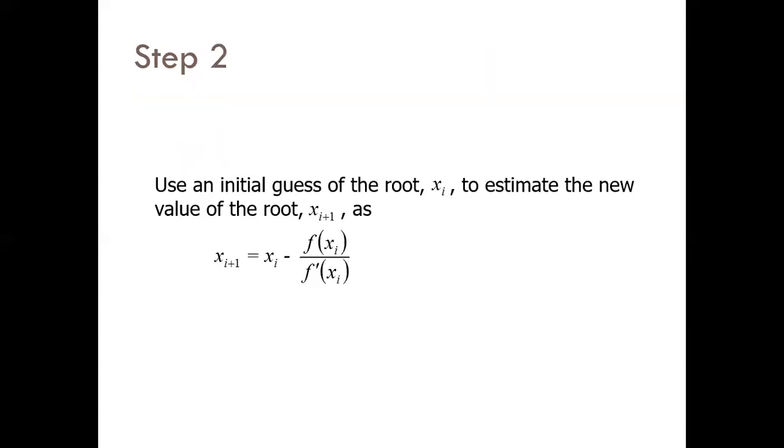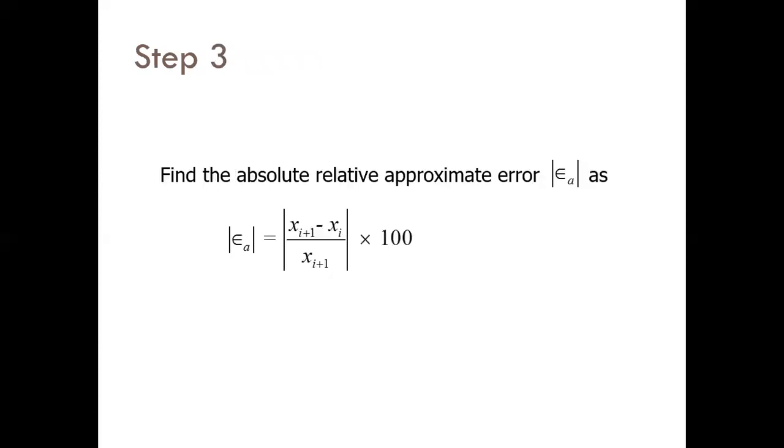Again, find the next guess by using this formula: xi plus 1 is equal to xi minus f of xi divided by f dash of xi. Then find the relative approximate error, and in that step we check whether the relative error is greater than or less than the required tolerance.